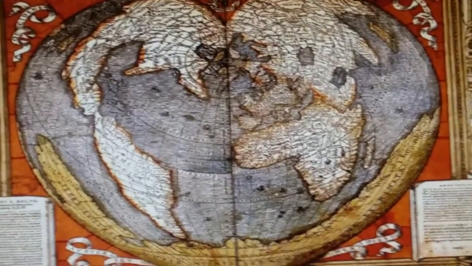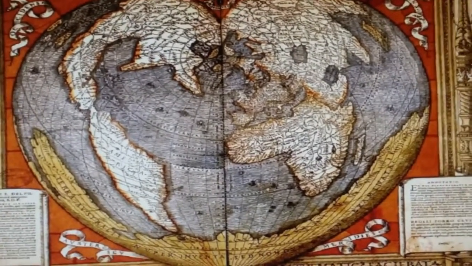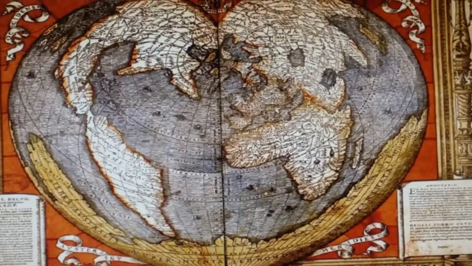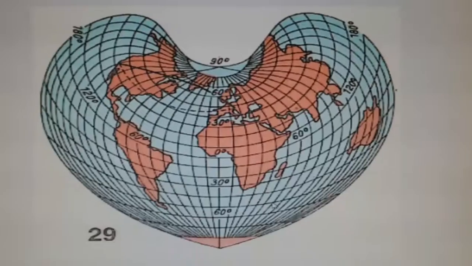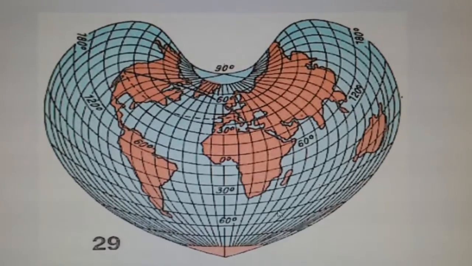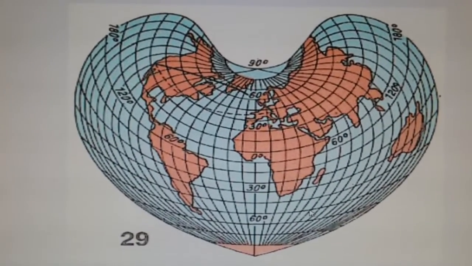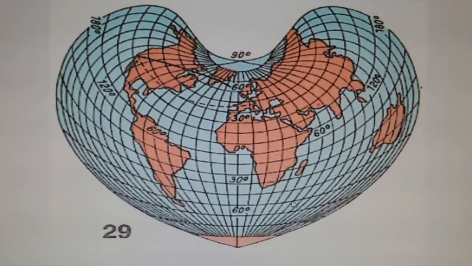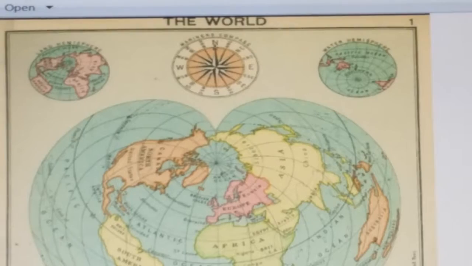But this is the original design, and most of our modern day maps follow this design. This is its template. Even today, people have tried to make sense of it. And believe it or not, this is an equidistant map, 500 years old.